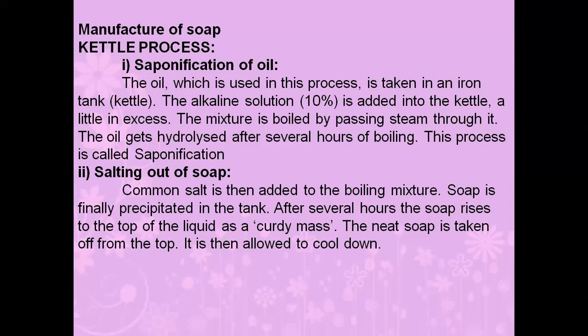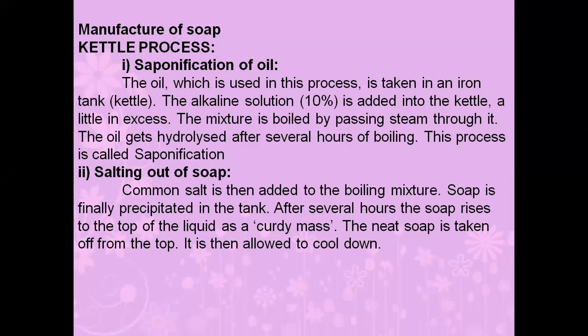After a few minutes the soap rises to the top of the kettle. At that time we turn off the steam and cool the mixture, then we can get the soap. Then we put it into the bin.